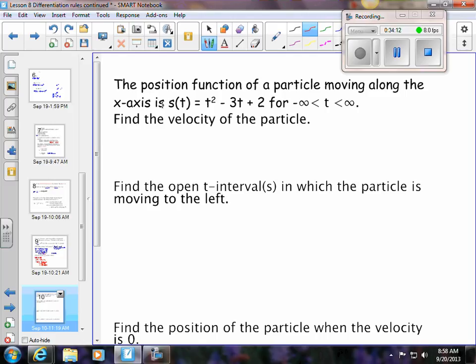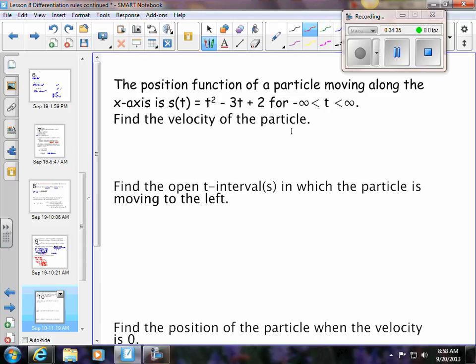So what that's saying is this little particle is moving back and forth, or maybe it only turns around one time, but he's moving right and left. We're going to analyze this to see what the little particle is doing.